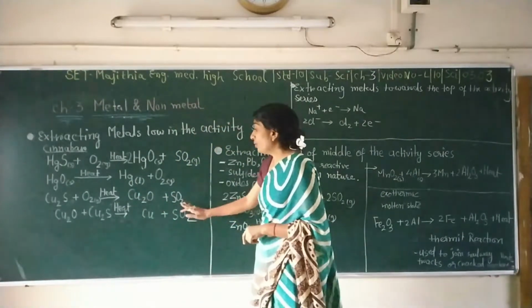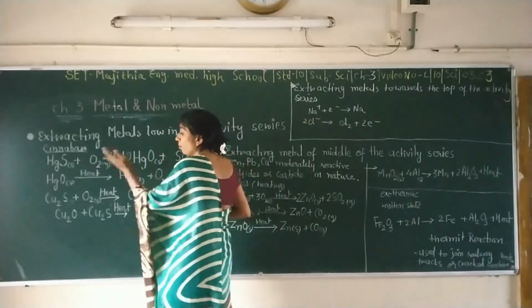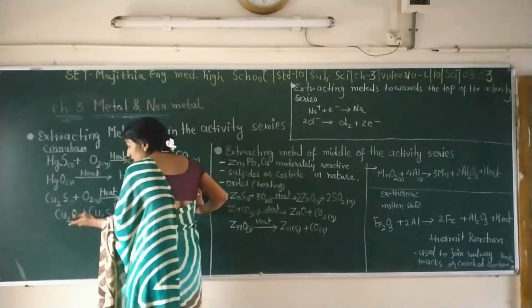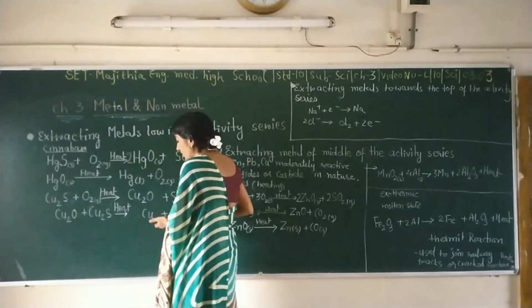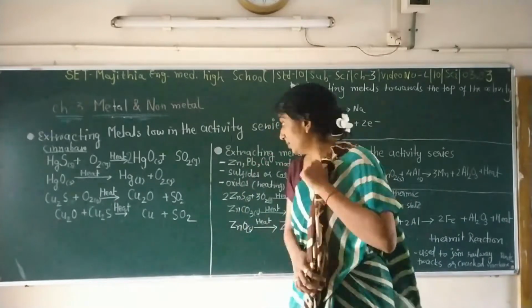This sulfur dioxide is in the gaseous state, so it evaporates and we have copper oxide plus copper sulfide. These two are heated again and we get copper plus sulfur dioxide.